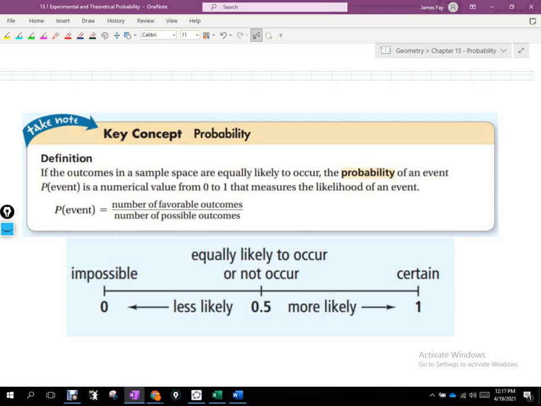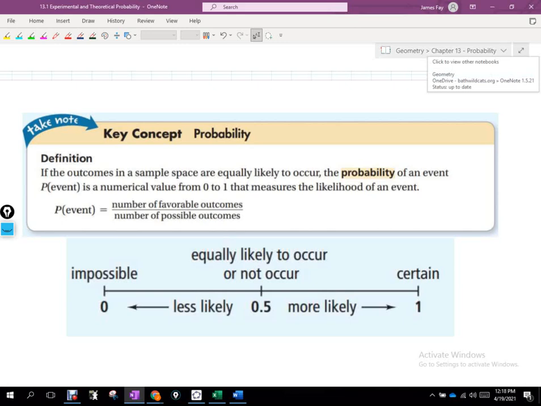So if the outcomes of a sample space are equally likely to occur, the probability of an event, which we notate with a capital P and then the event, usually described with words, though there will be times, not for a while, where we describe it with just numbers and inequalities, is a numerical value from 0 to 1 that measures the likelihood of an event occurring.